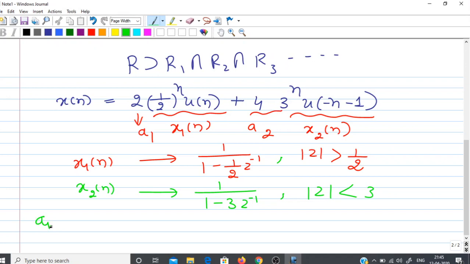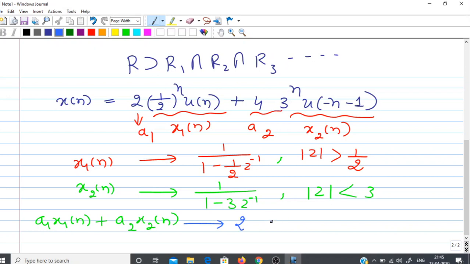So now we have to find the Z transform of the linear combination of x1 and x2. That is, we have to find the Z transform of a1 times x1(n) plus a2 times x2(n). So from the linearity property, can we write the Z transform directly? What is our a1? Our a1 is 2.